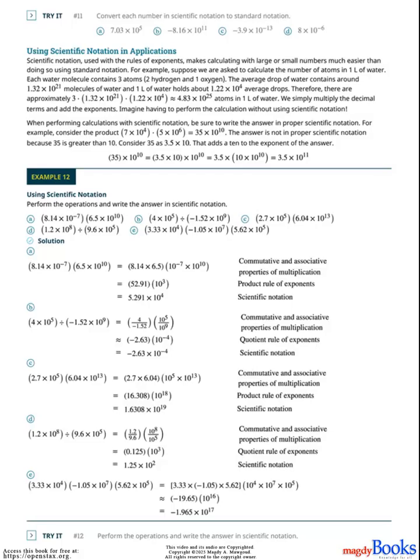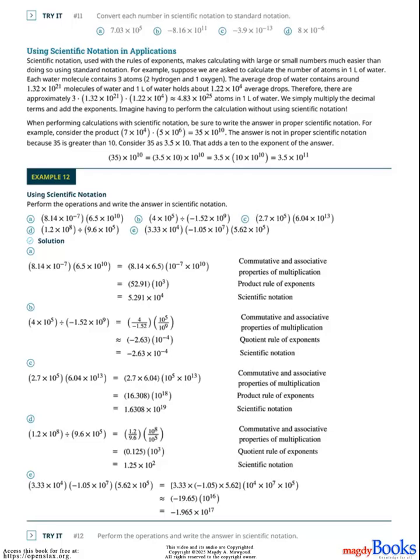C. (2.7 multiplied by 10 to the power of 5) multiplied by (6.04 multiplied by 10 to the power of 13). D. (1.2 multiplied by 10 to the power of 8) divided by (9.6 multiplied by 10 to the power of 5).